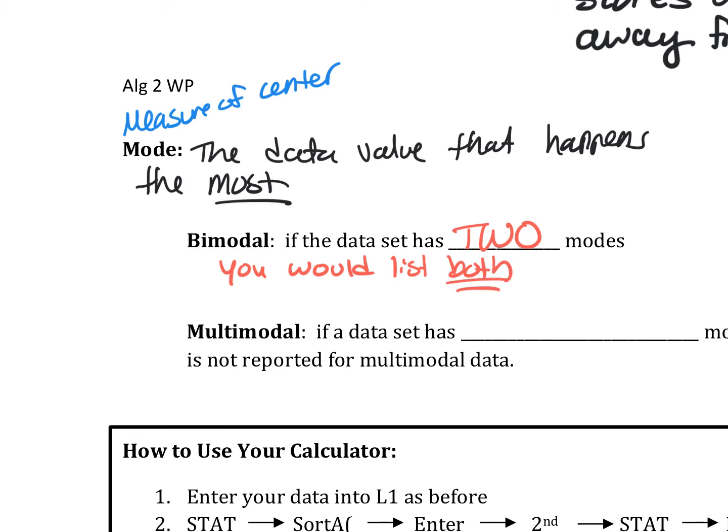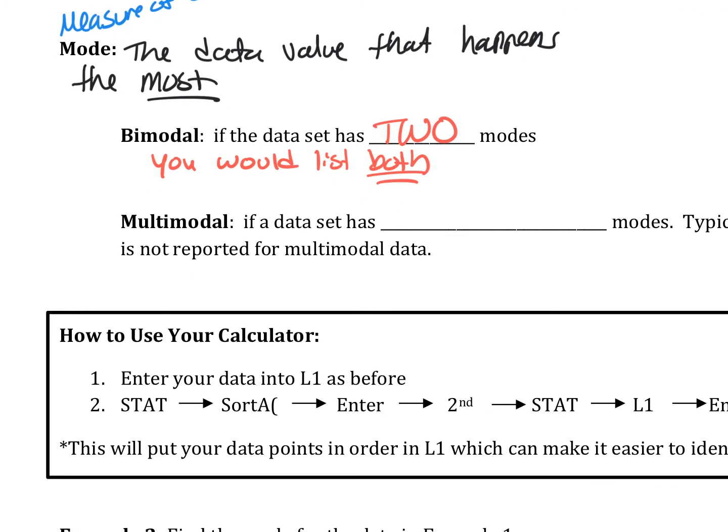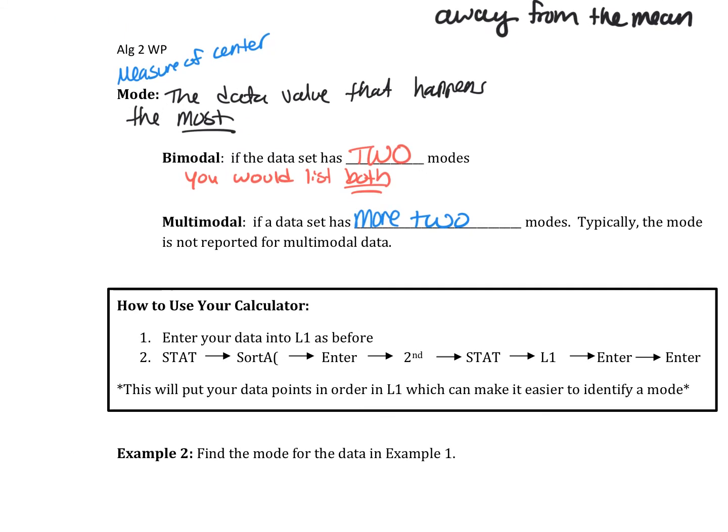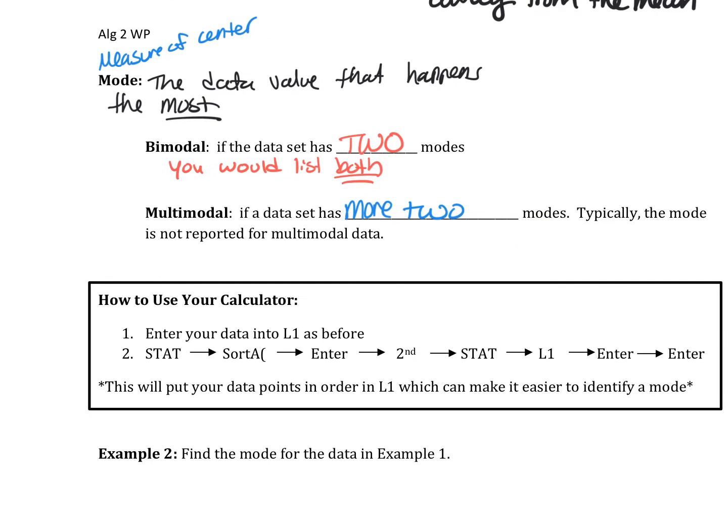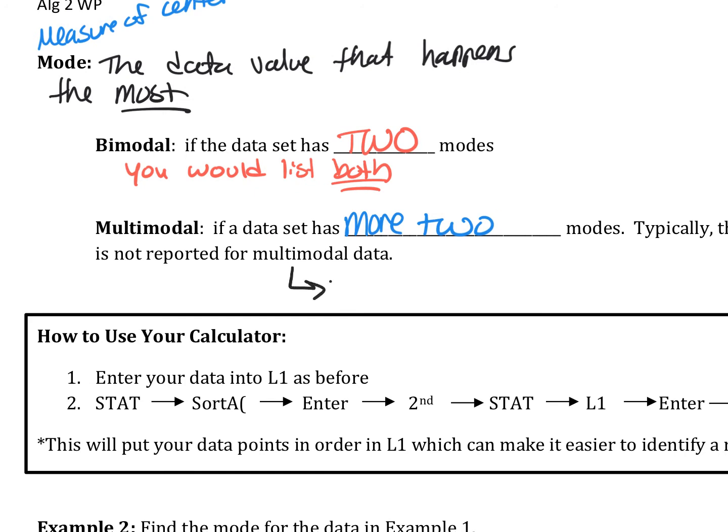And then we could have a multimodal set of data, which is when a data set has more than two modes. And typically, at this point, the mode is not reported. So if we ever have more than two modes, you would just say no mode, because it's not really going to be helpful. So for the mode, you list it if there's one, you list it if there's two, but if there's more than two, you just say no mode.